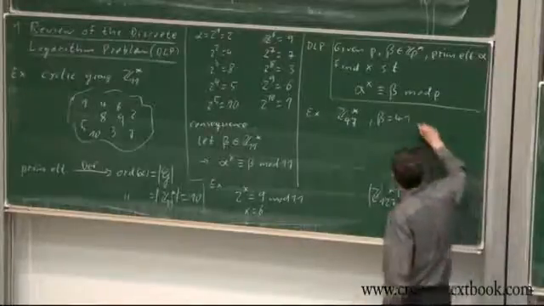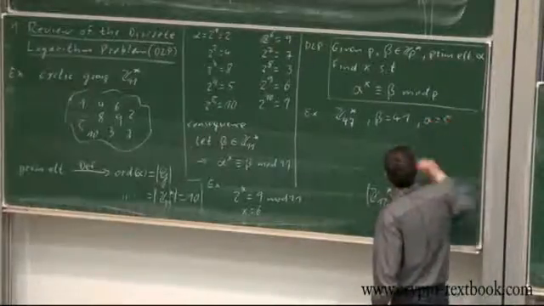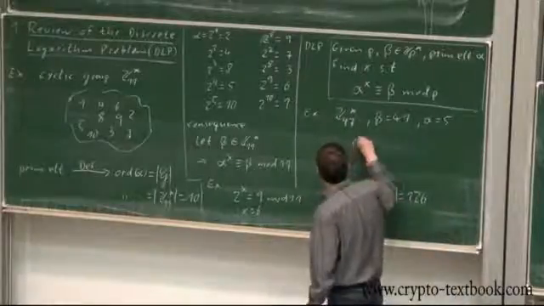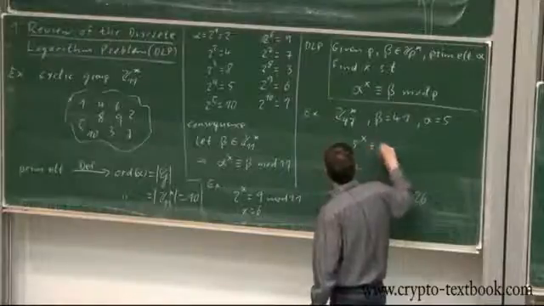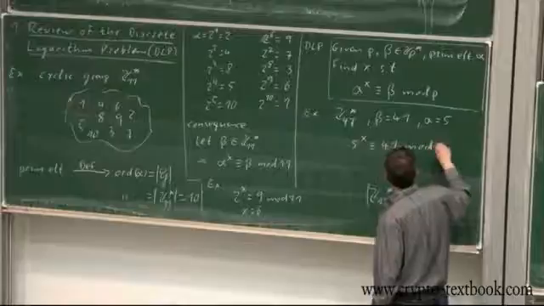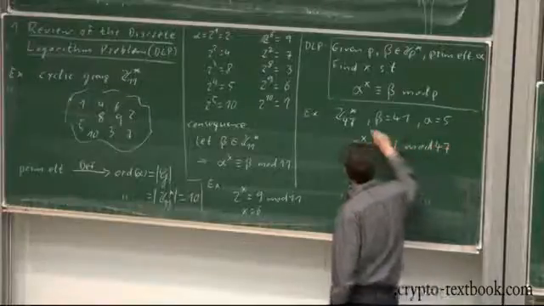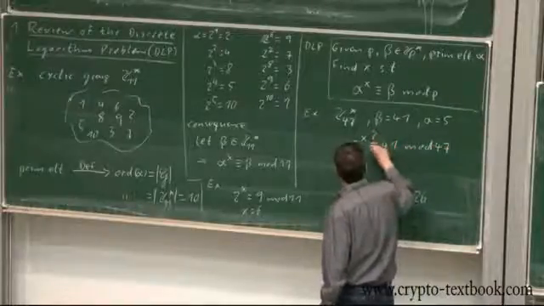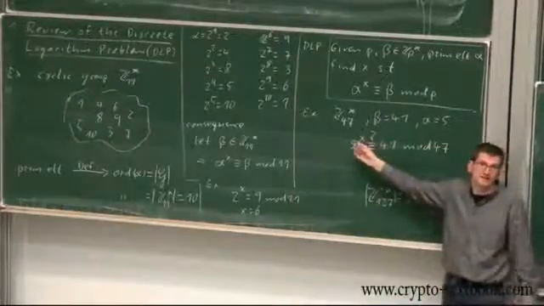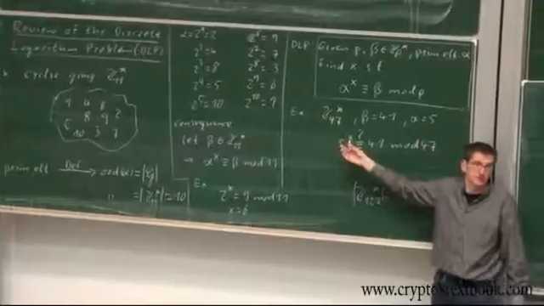And it turns out that alpha equals 5 is a primitive element. So the question is, what is x here? Which value do we get for x?